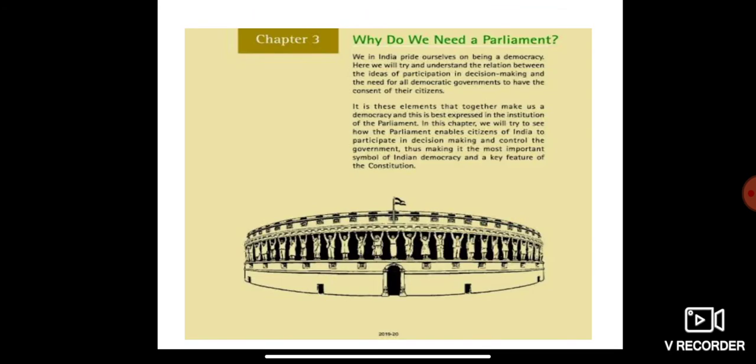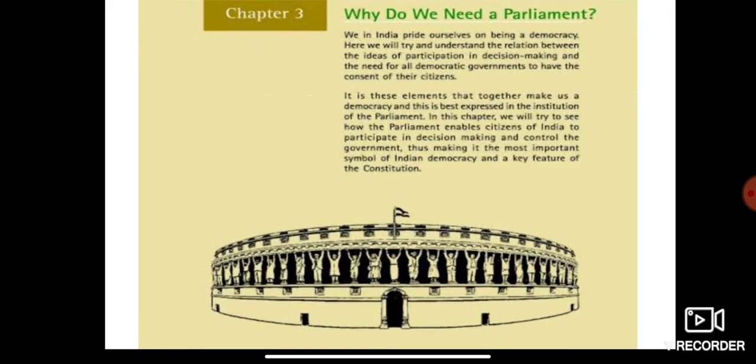Now, why do we need a parliament, or why is parliament necessary? In all democracies, an assembly of elected representatives exercises supreme political authority on behalf of the people. In India, such a national assembly of elected representatives is called parliament.